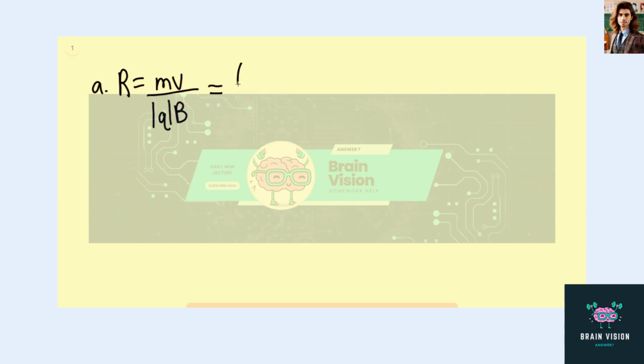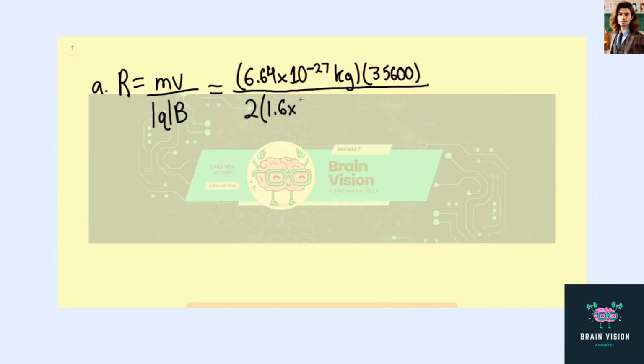This is going to be equal to 6.64 times 10 to the negative 27th kilograms times the velocity of 35,600 meters per second. This will be divided by 2 times 1.6 times 10 to the negative 19th coulombs, and then times the magnitude of the magnetic field, 1.10 teslas.